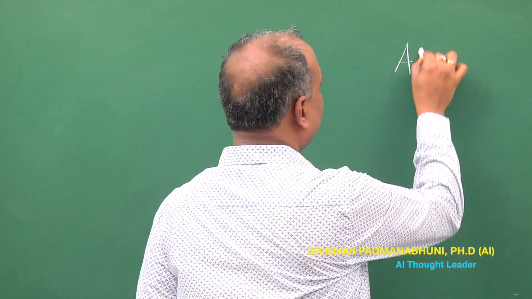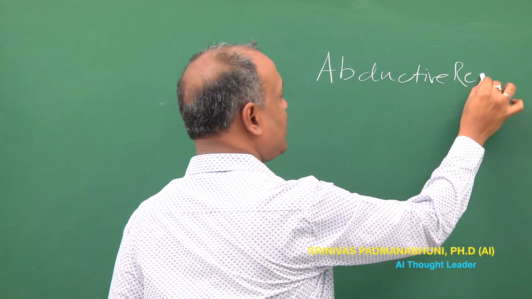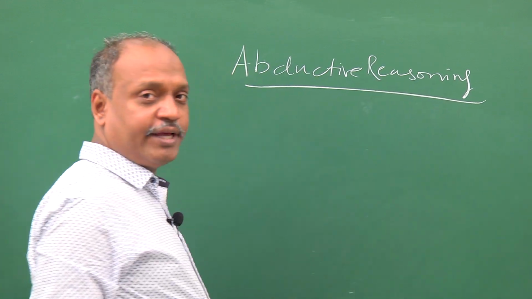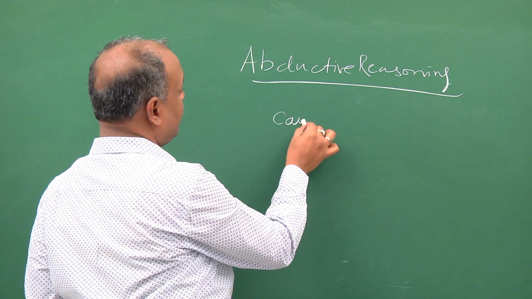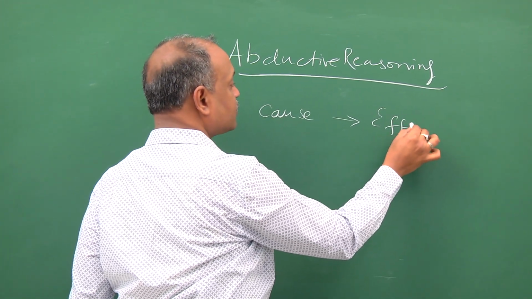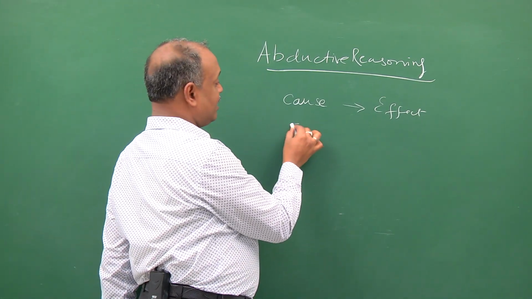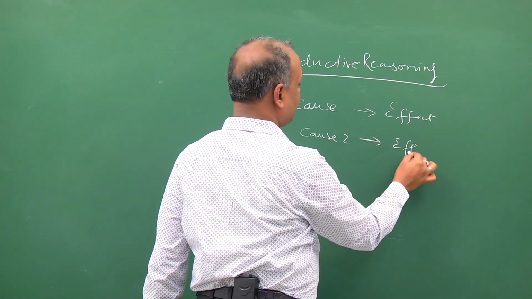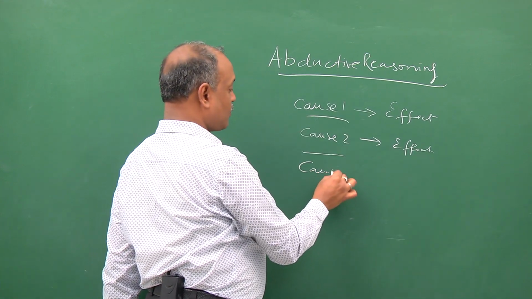So, we already understood that in a context of abductive reasoning, there is usually reference of a problem statement of the form cause-effect. It could in fact be multiple causes causing the same effect.